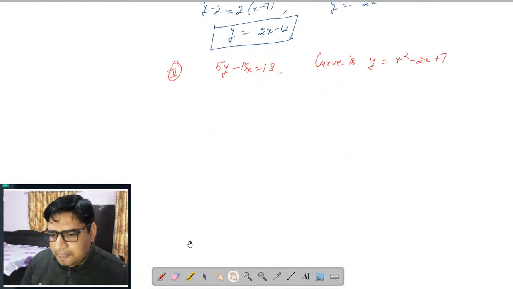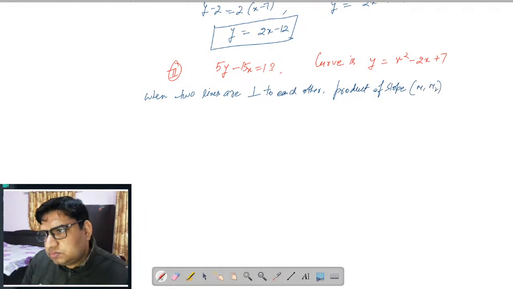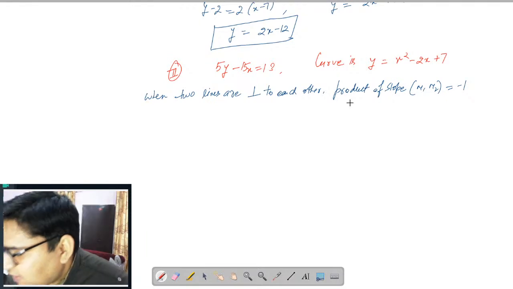Okay, so we'll simply write down here, when two lines are perpendicular to each other, the product of the slopes, that is m1 m2, is equal to -1.